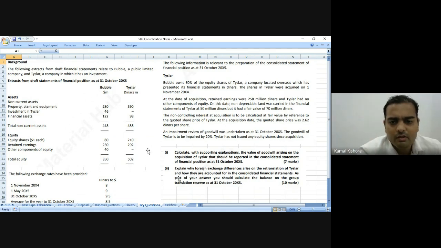So first we have to calculate goodwill in the local currency, right? Yes, goodwill calculation.